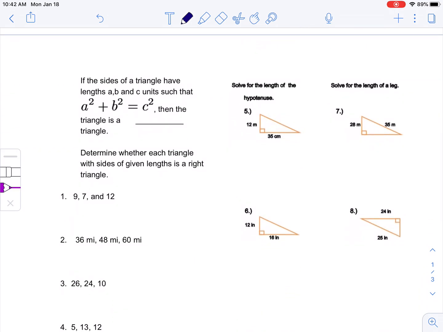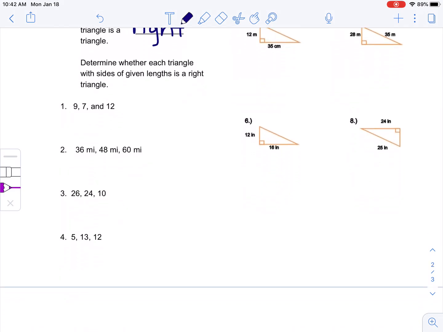Well, we have another definition. If the sides of a triangle have lengths a, b, and c units such that a squared plus b squared equals c squared, then we say the triangle is a right triangle. So if we're looking at these three numbers, 9, 7, and 12, and again, the two shorter legs are the two smaller numbers.